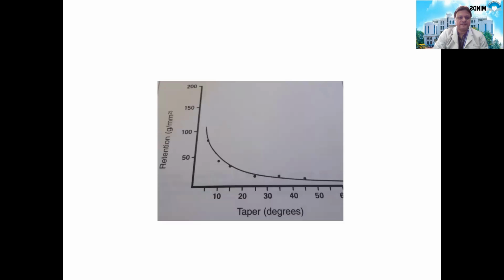As you increase the taper, retention reduces substantially. With a 3 to 6 degree taper, you have more than 100 grams per millimeter square, and when the taper is more than 20, you can see it has dropped below 50, below 30 also. As the taper moves beyond 25, retention is coming down drastically.